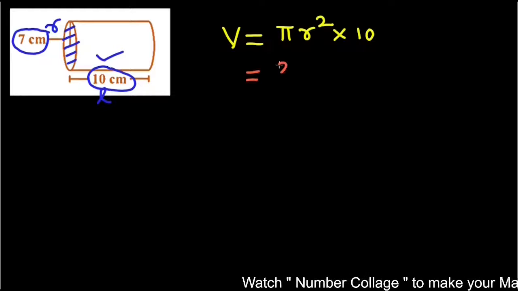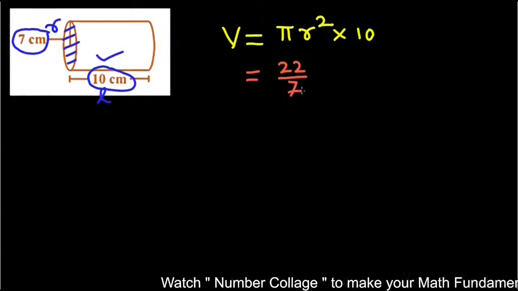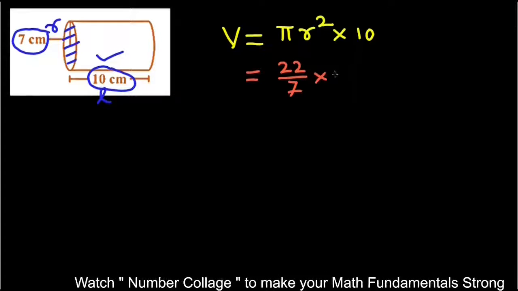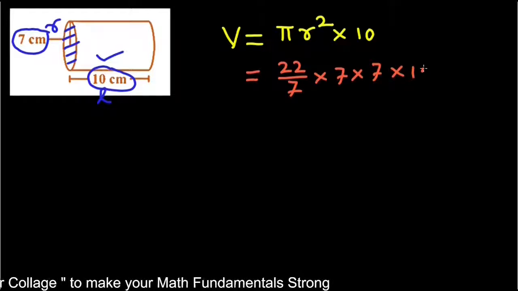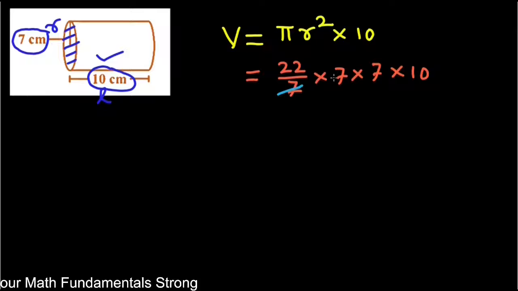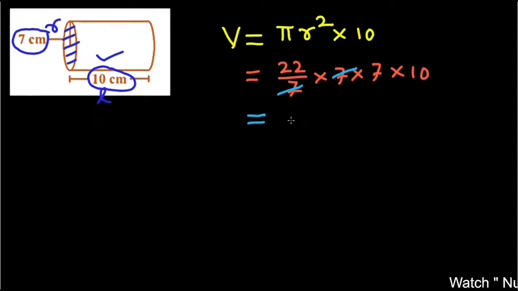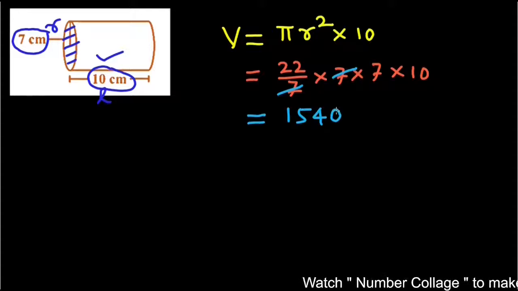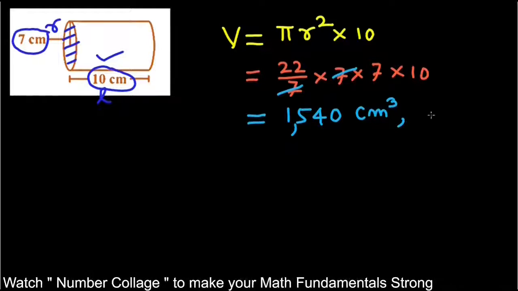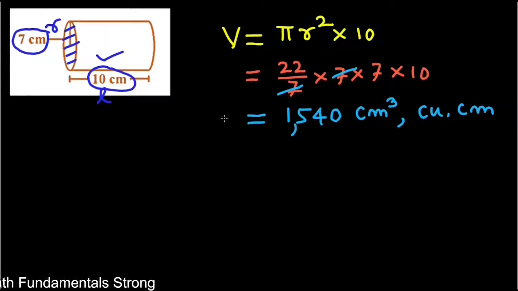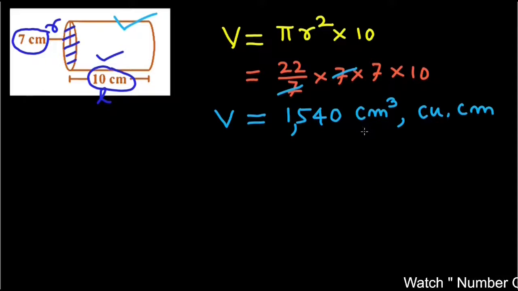So we write 22 upon 7 multiplied by 7 multiplied by 7 multiplied by 10. So this 7 gets cancelled and it will be 22 sevens are 154 and this 0, so that will be 1540 cm cube or cubic centimeter. So volume of this right circular cylinder is 1540 cm cube.